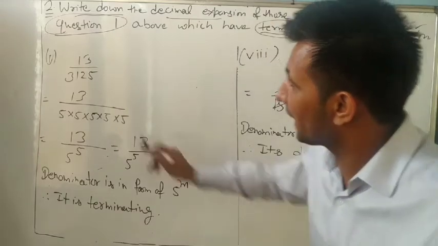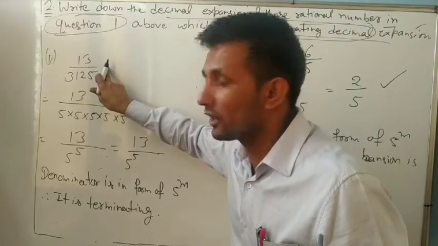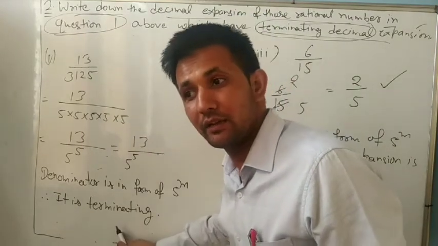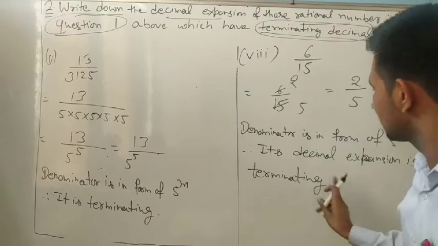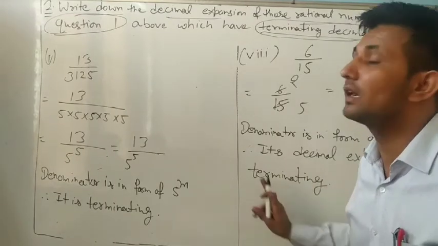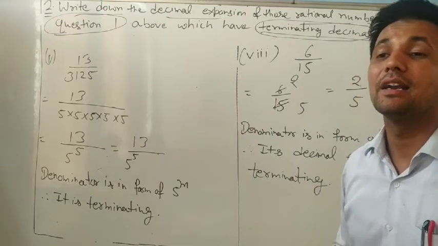So we observed that the first part of the first question is terminating, and the 8th part of the first question is also terminating. So we will now write their decimal expansion.